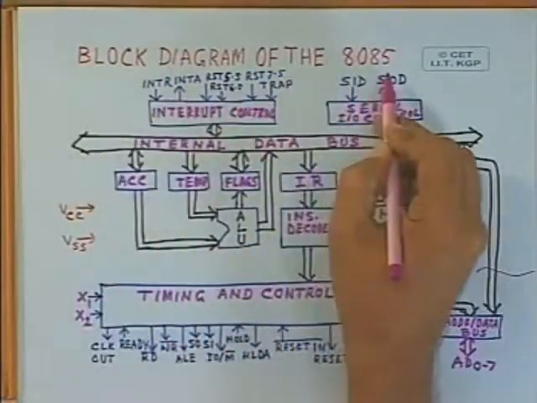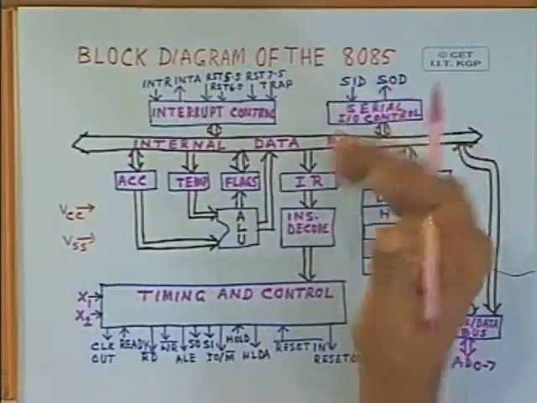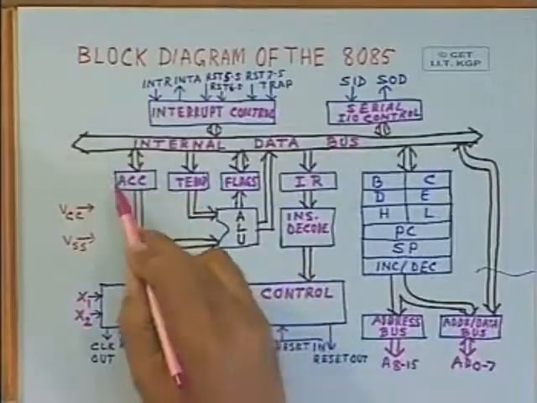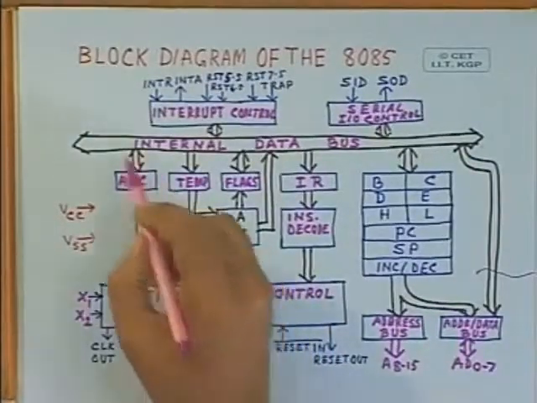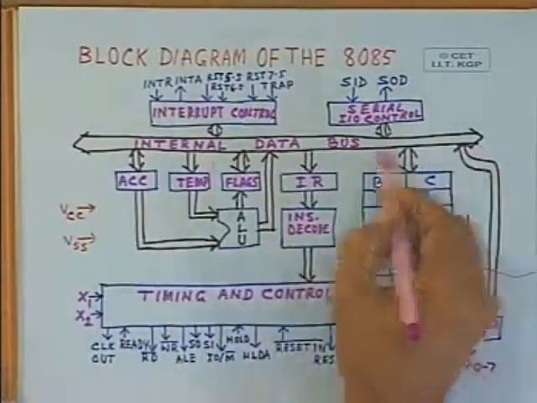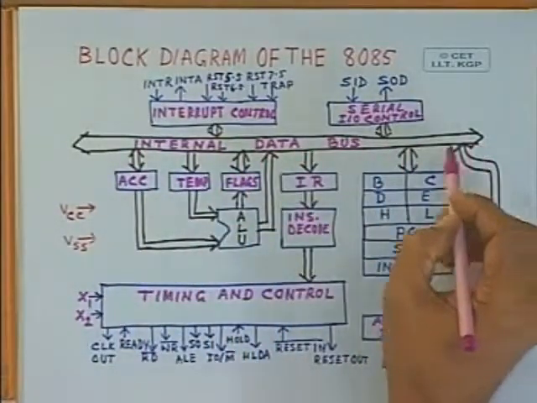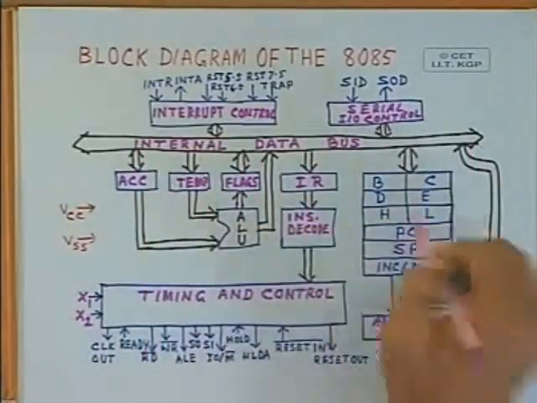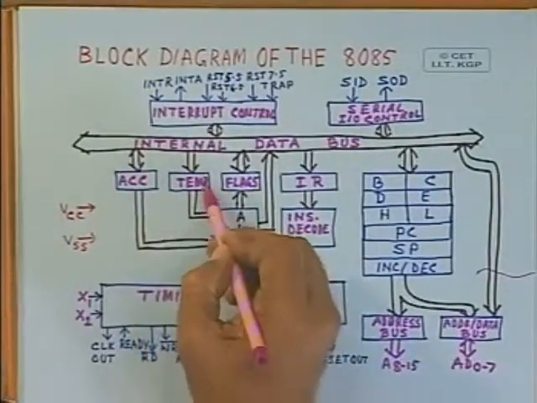But before I conclude, let me just give a block diagram of 8085, that internal block diagram. I have already discussed what is provided inside. This is your accumulator. There is an internal data bus, to which all the registers are connected, this is your accumulator, temporary register.